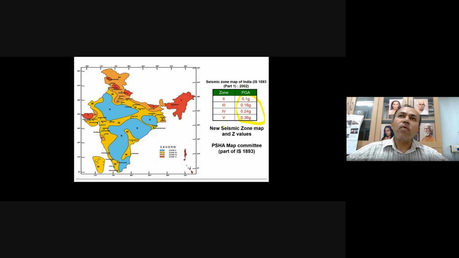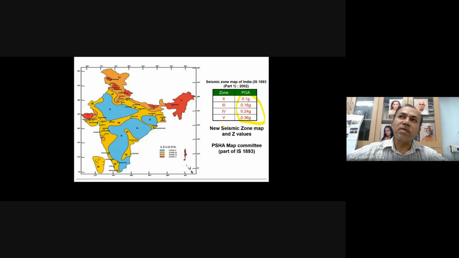Now, if you ask any expert working in seismic hazard analysis about these values, most of the experts feel that we are underestimating the hazard, and these values are on the lower side. I will show you the reason also. So there was a need to revise these values, and this map was prepared based only on MMI intensities, the damage intensities observed for past earthquakes.